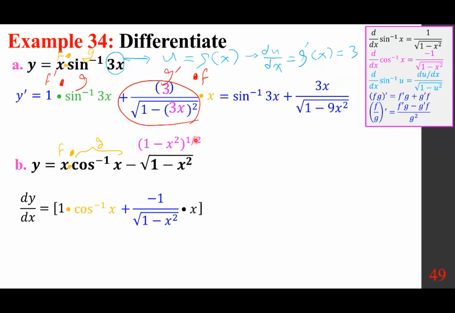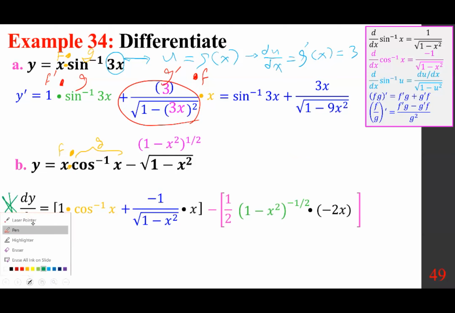So minus 1 half, 1 minus x squared to the power of 1 half minus 1, which makes it negative 1 half. And then by the chain rule, the derivative of the inside requires minus 2x. And let me put an asterisk next to it, class. This is the only calculus step.